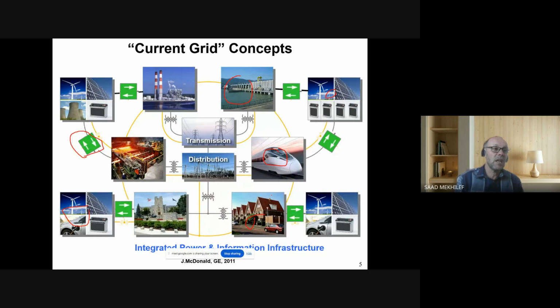We will have a lot of users or participants which can accept and also inject into the grid.